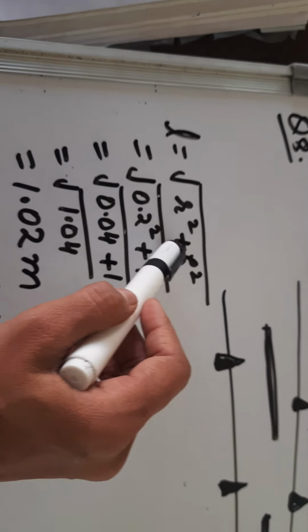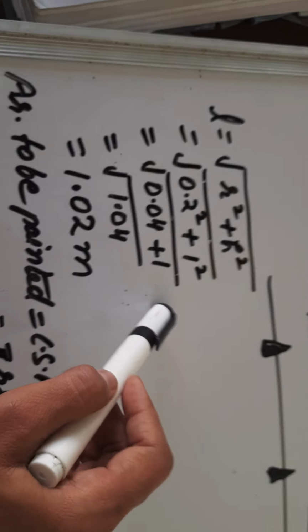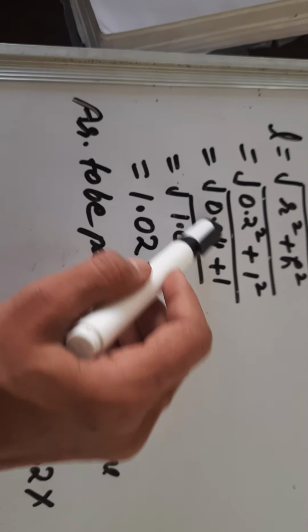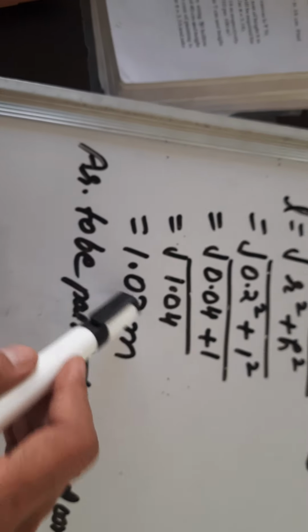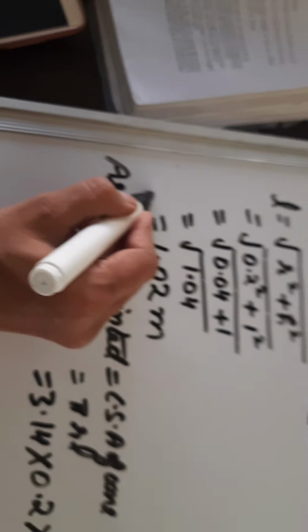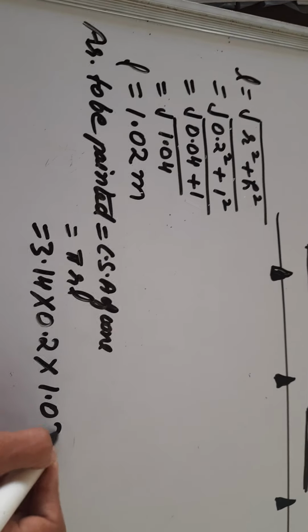R is 0.2 square plus 1 square. 0.2 square is 0.04 plus 1, so adding the two we get square root of 1.04, and the square root of 1.04 value is given to us as 1.02. So we'll put this value of L which we have calculated in the formula, 1.02.